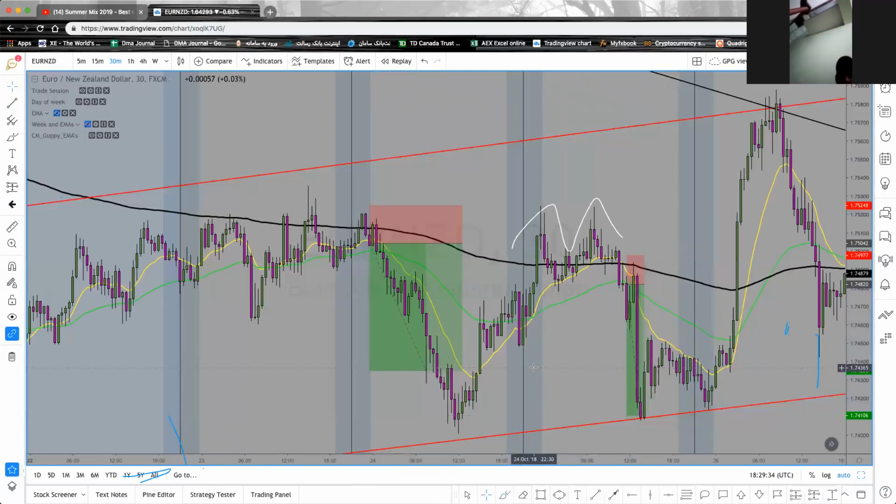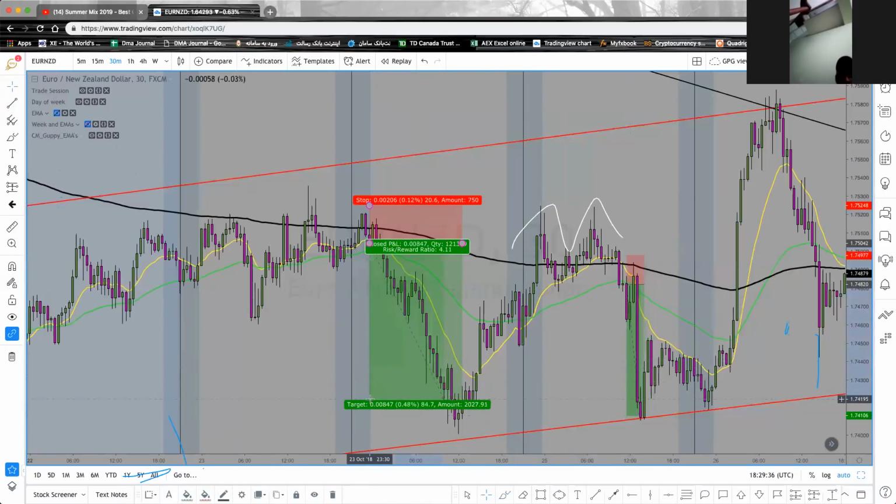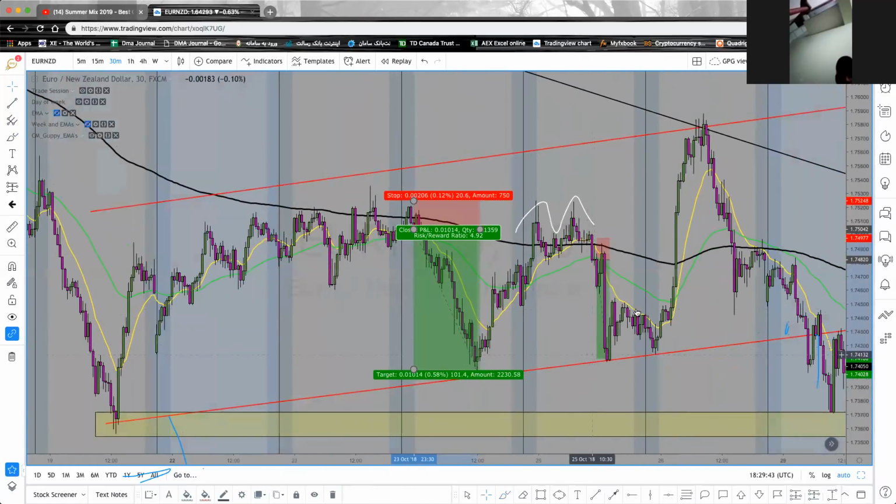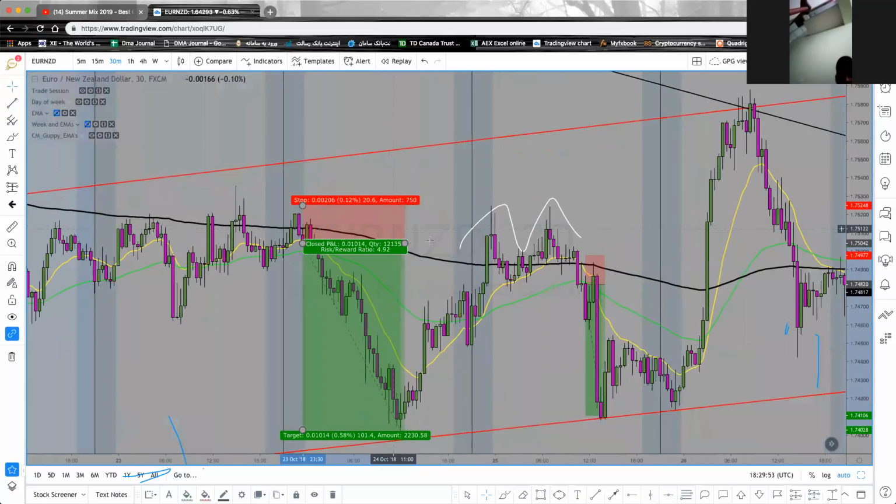So you got 100 pip down here, you got 70 pip down here, and all the market is doing is trapping people to buy. But you are selling, so in case that crazy move happens and they go down, you're in, right? But notice how I had a setup right here.